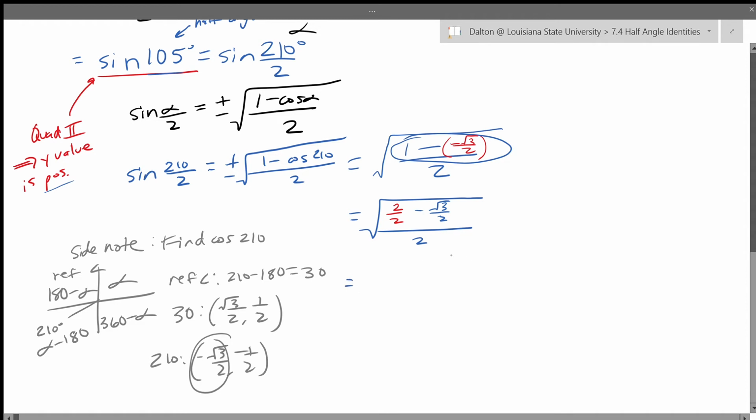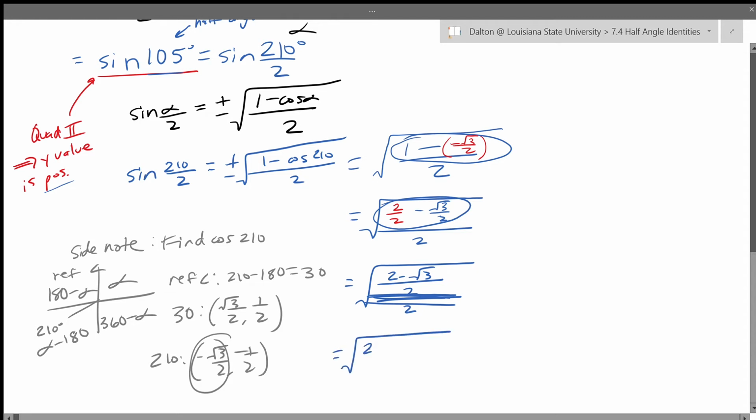And that's going to be the square root of, now I can subtract these two because they have common denominators. So that'll be 2 minus square root of 3 all over 2. All of that over 2. So it's really important when you have these stacked fractions, you kind of make the main division bar bold, because what's going to happen now is we know that dividing by 2 is the same thing as multiplying by the reciprocal of 2, which is 1/2.